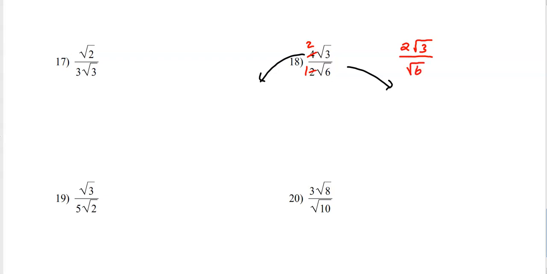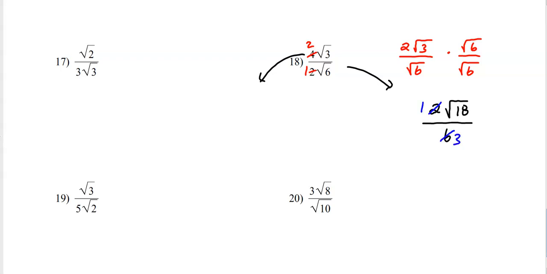And I could just right now go after rationalizing the bottom if I wanted to. So let's rationalize the bottom, and I'm going to get 2 radical 18 over 6. Still got a little bit of work to do here. 2/6 is just 1/3.